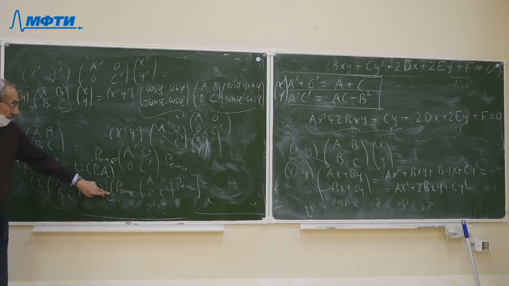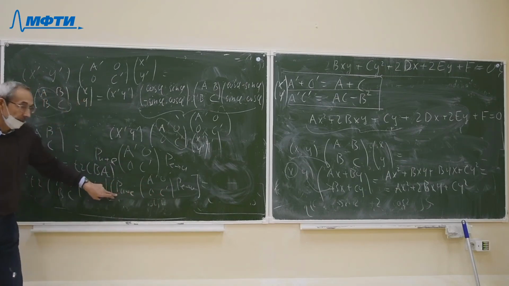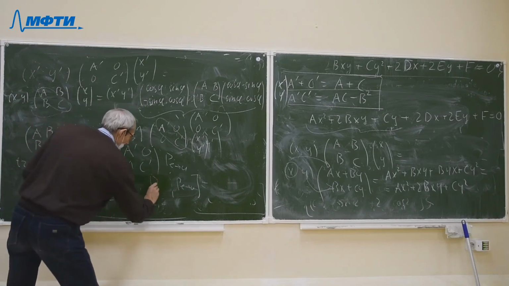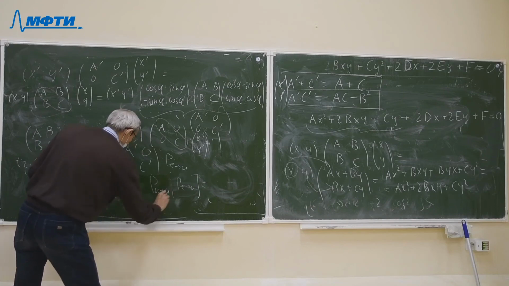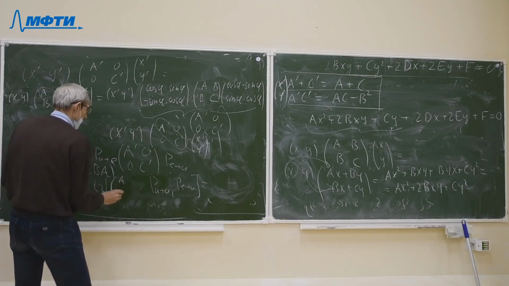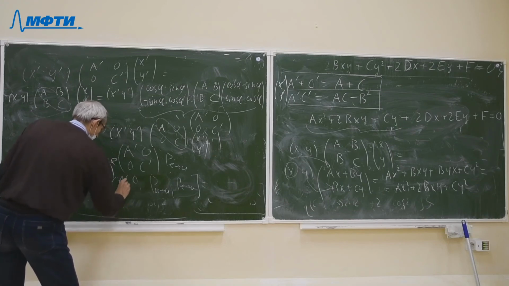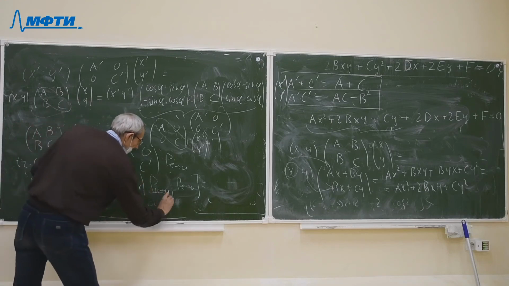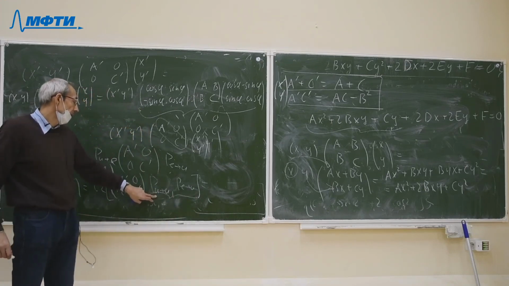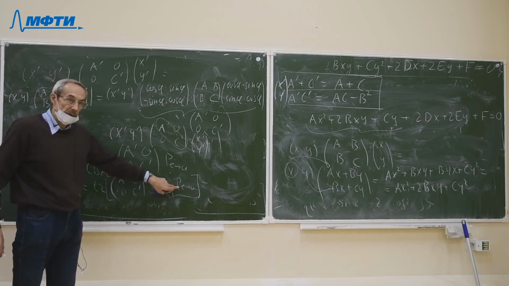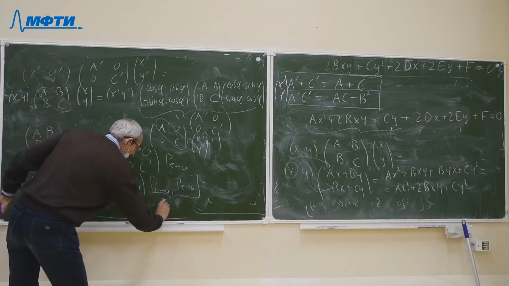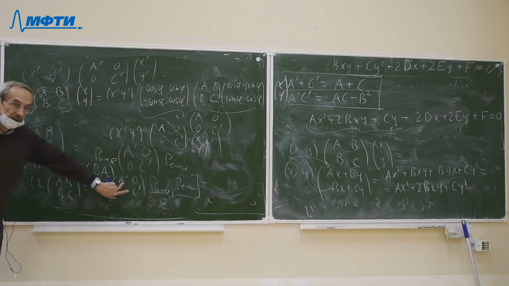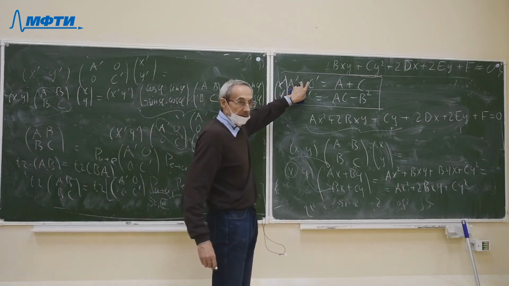I can change the order of this product, and after changing, I obtain this. And these two matrices, this matrix is inverse to this, and this product is equal to a unit matrix. And we obtain that this trace is equal to this trace. And we obtain this first equality.